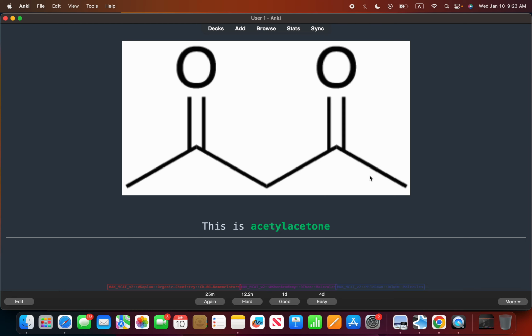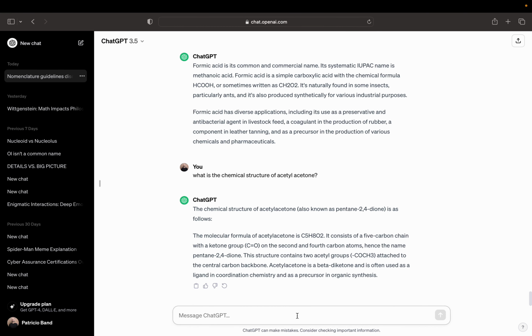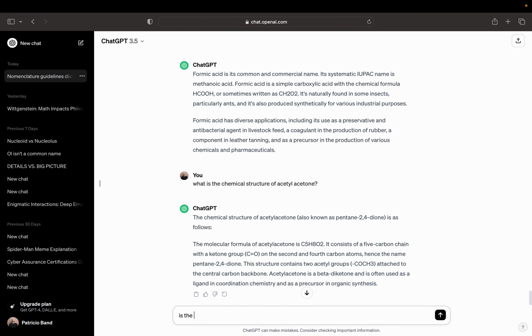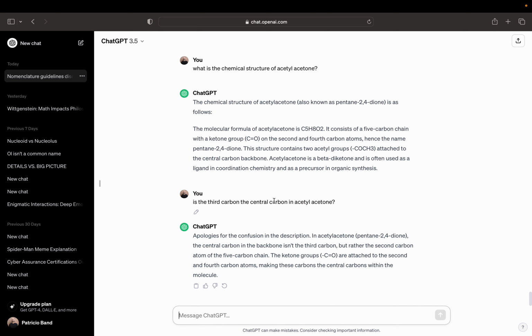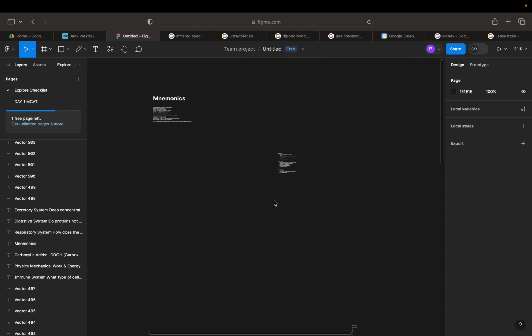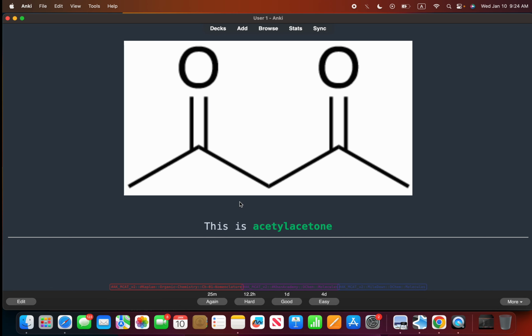Then you have this being attached to the back central carbon here. Is the third carbon the central carbon in acetone? Yeah, it's the ketone groups, not that.